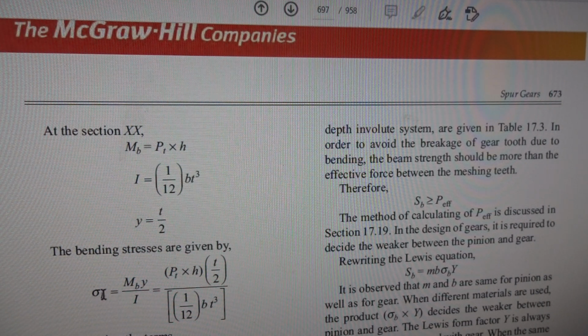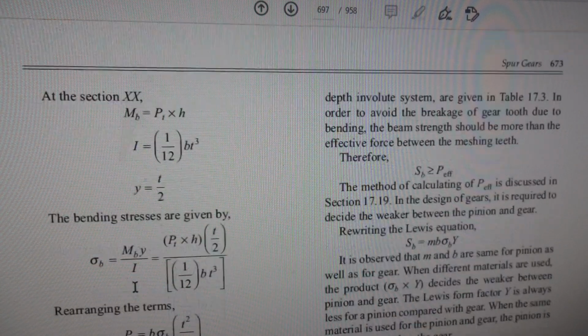You will find the bending stress sigma b by using the bending formula, Mb y divided by I. So the value of Mb is PT into h, y is equal to t by 2, and I is 1 by 12 b t cube. When you simplify this equation, you will get PT, the tangential force, is equal to b sigma b t square by 6h, where sigma b is the bending stress.